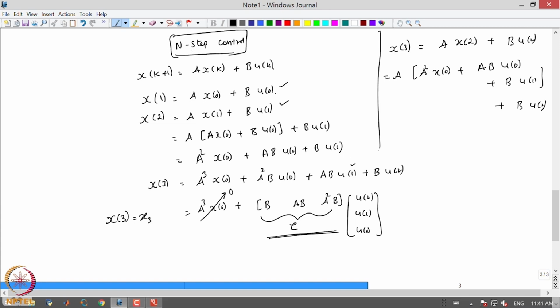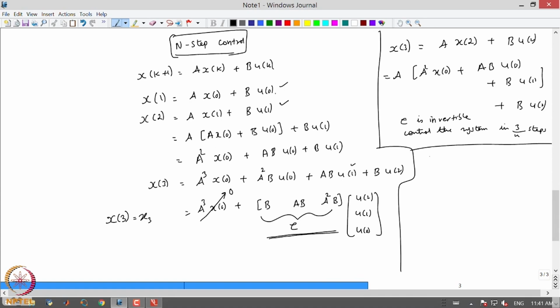So, the idea here is, if this is controllable, it means C is invertible and I can control the system in say 3 steps, or in general n steps. Okay. If I cannot control the system in n steps, can I control it in more?